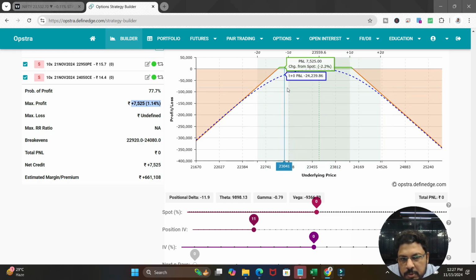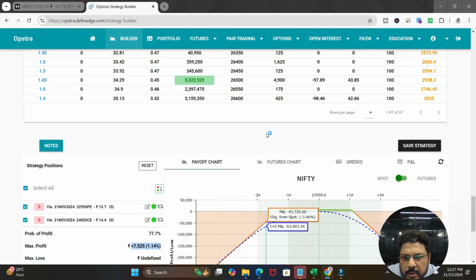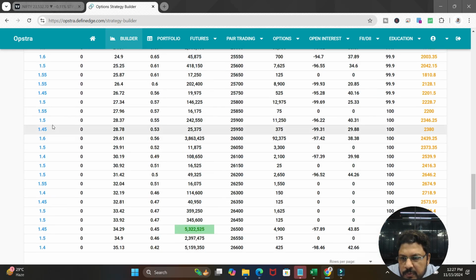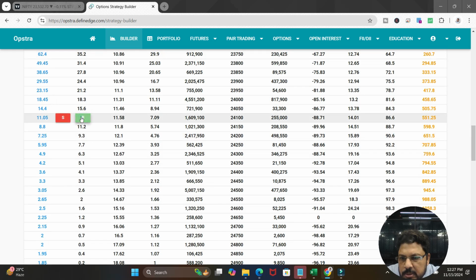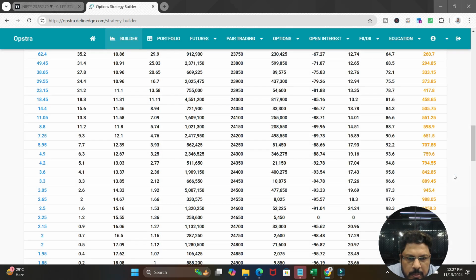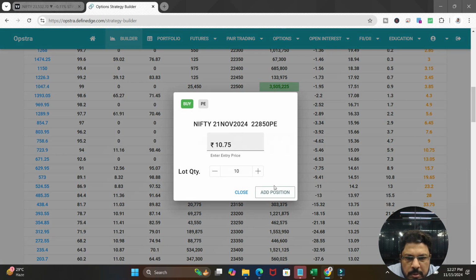And if you want to lessen your loss, you can always make this into an iron condor. Okay, iron condor, you just have to buy, for example, we have sold 15 rupees. So what we do is we just buy a 10 rupees call, 10 lots, okay, and 10 rupees put, 10 lots.